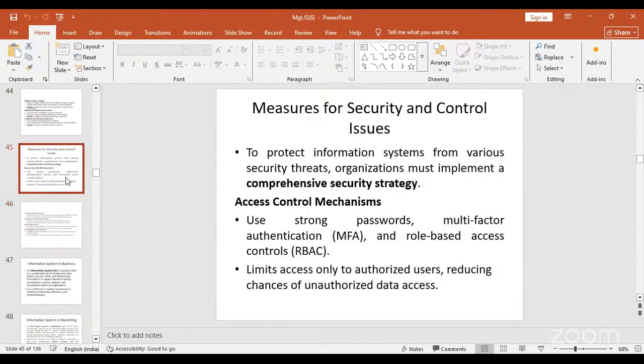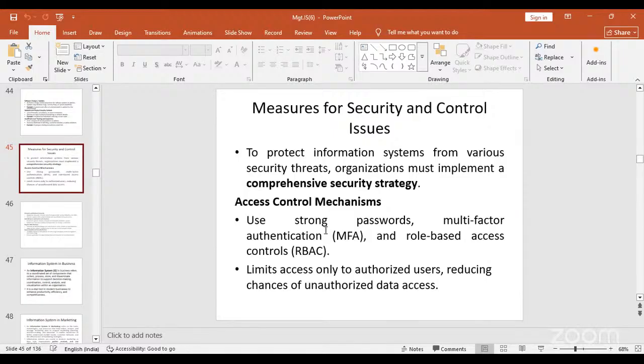Access control mechanism means you have to use strong passwords. You have to make your information system secure by providing strong passwords. Multi-factor authentication. Multi-factor means multiple factors are taken into account while you access the system. For example, in a bank, the employees have a user ID and password. Again, after the user ID and password, they have a biometric access control.